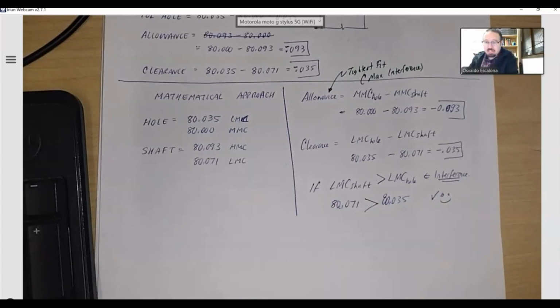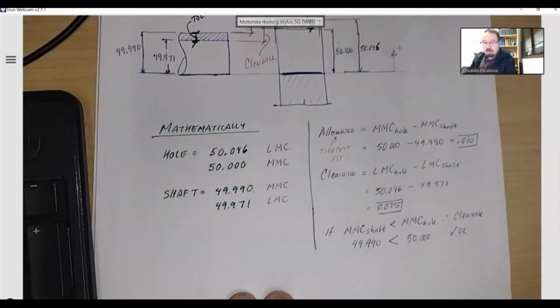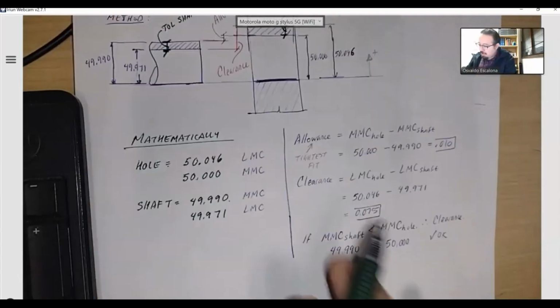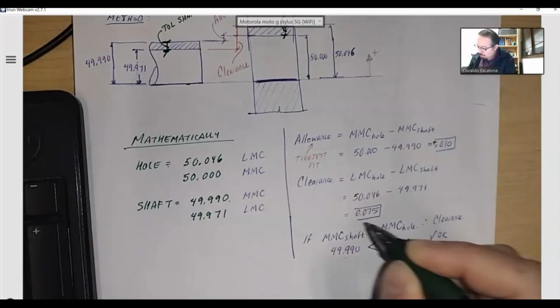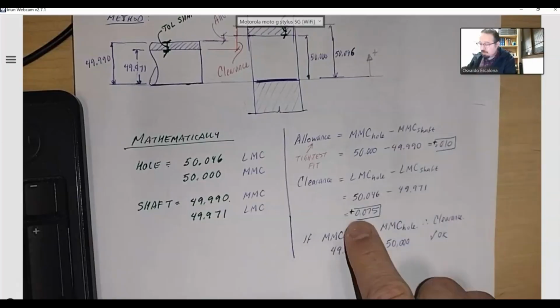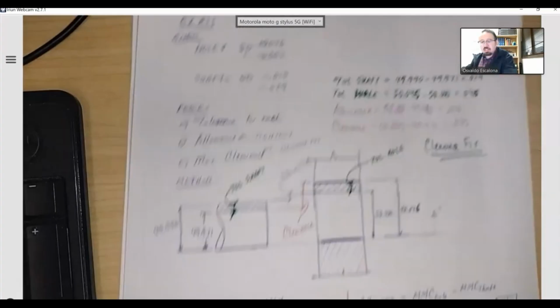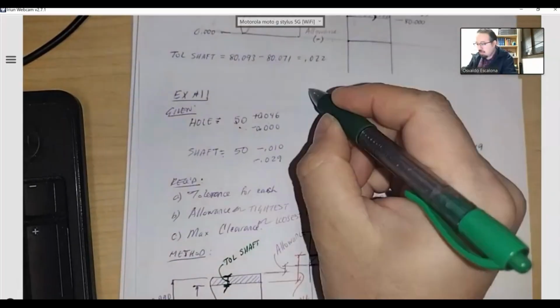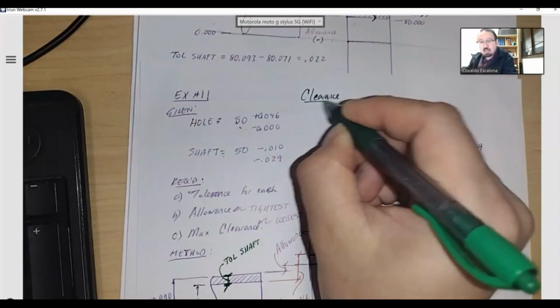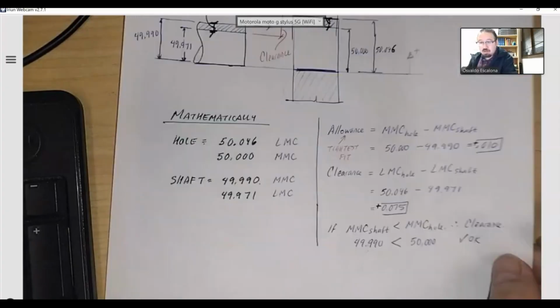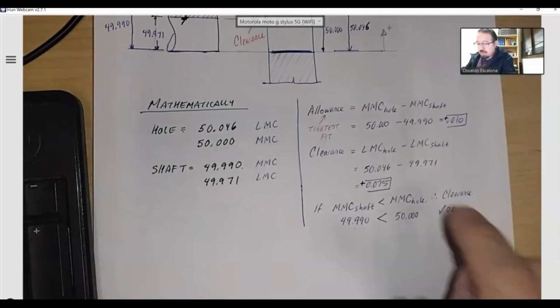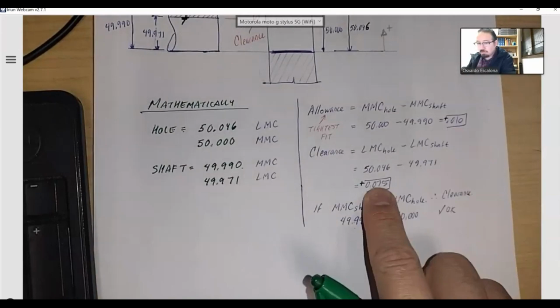All right. There is another thing that you guys want to notice here. If you have a positive number here, which we do, this is positive, this is positive. This is my first example that I did, which was the clearance example. When we did it, I got a positive value and a positive value.